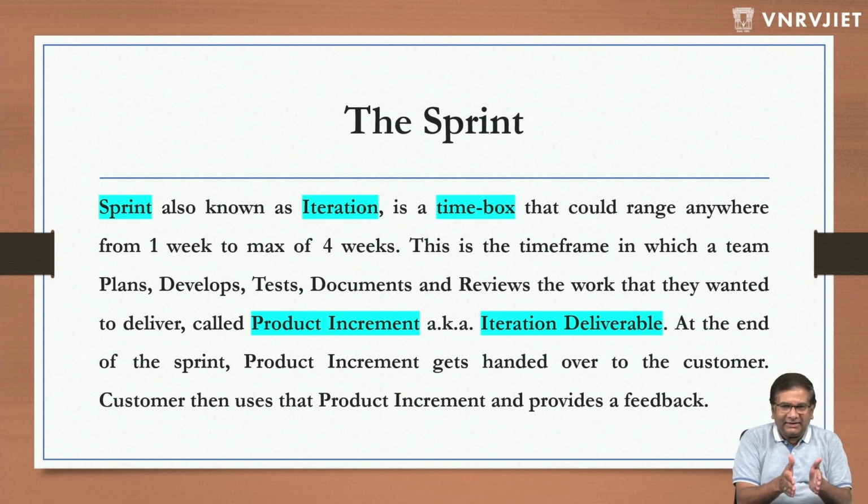After that sprint is done, they deliver software called the product increment or iteration deliverable. Sometimes it's called the sprint deliverable. That means at the end of every sprint, which is 1 week to 4 weeks max, they deliver software. The customer gets to see the software and can give feedback. That's what a sprint is.